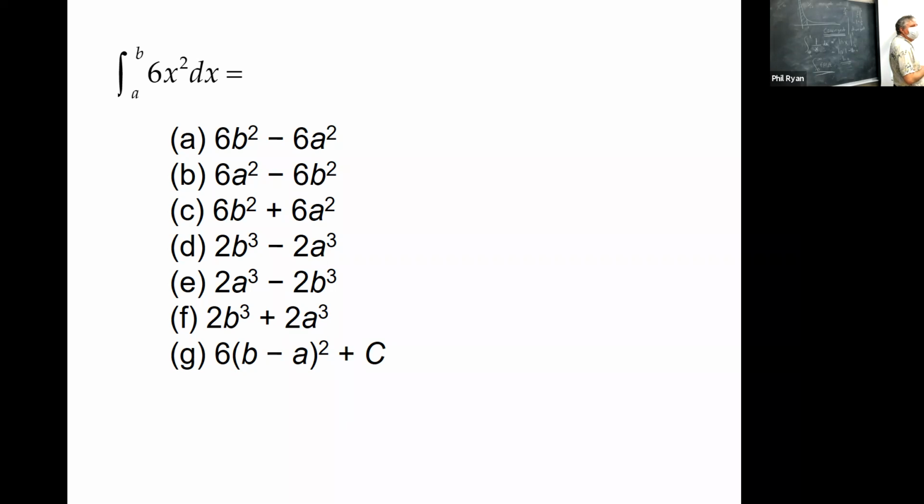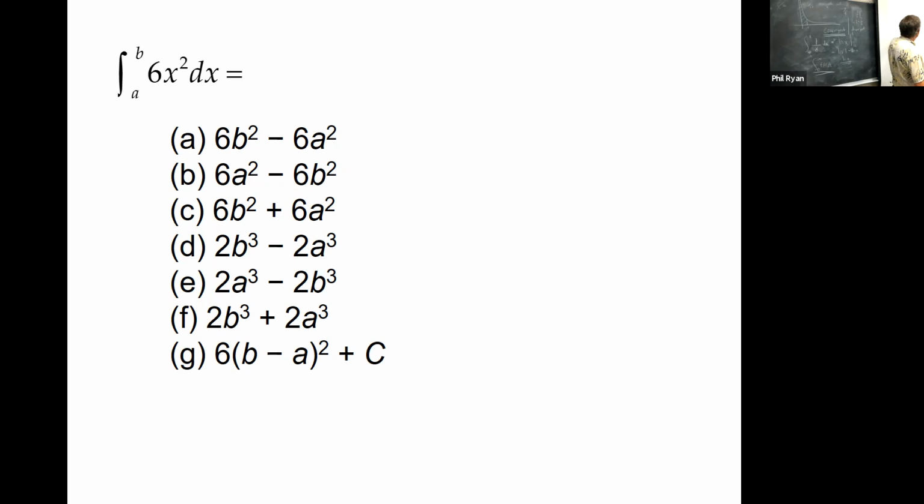So we haven't done any antiderivatives at all. Okay, it can't be this. At first glance, the plus C makes you think, oh, it must be this, because we're integrating. That's only when you do an indefinite integral do you need the plus C. When it's a definite integral, there's no plus C. So it has to be one of these guys.